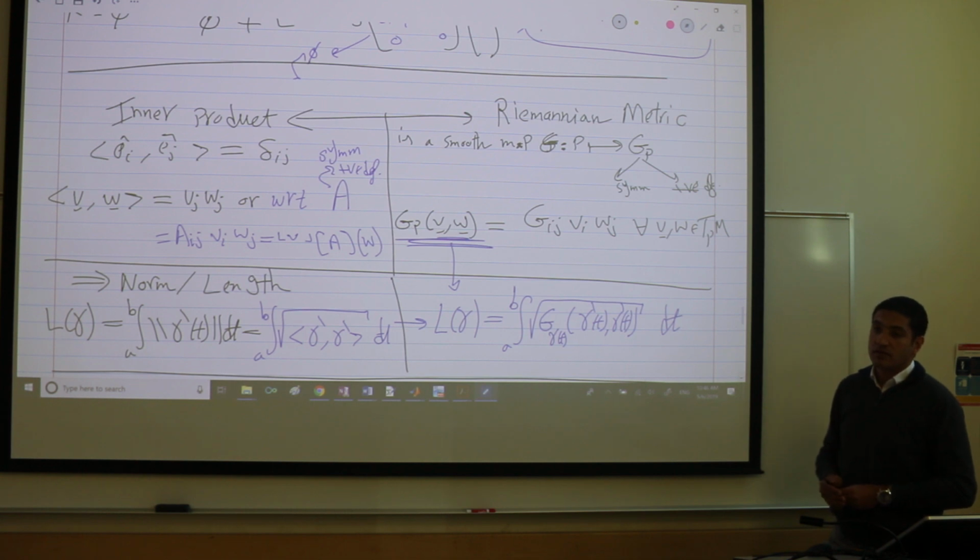Bijective is surjective and injective, right? Yes. If I give you a matrix, can I know which point on the manifold this matrix represents as the inner product? I need to check, but I don't think so.